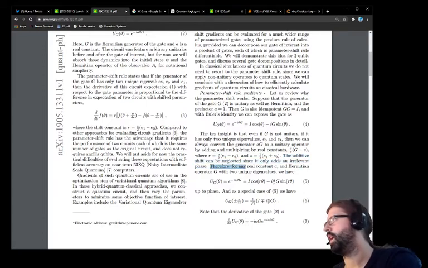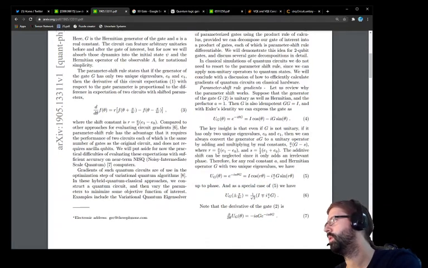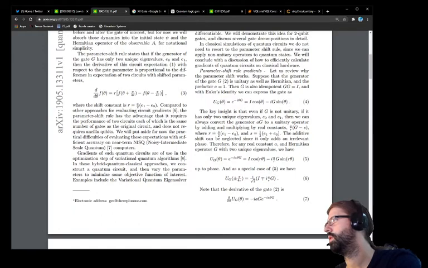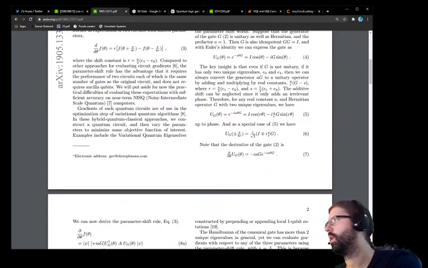Therefore, for any real constant a and Hermitian operator G with two unique eigenvalues, we have these up to a phase. In the special case of 5, we have, okay. Note that the derivative of the gate is, okay. So yeah, the derivative of the gate is like you take the exponent down.